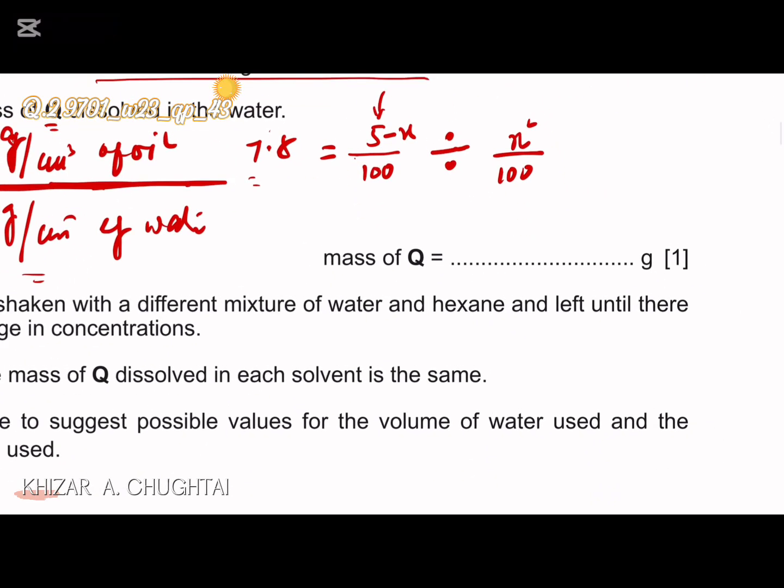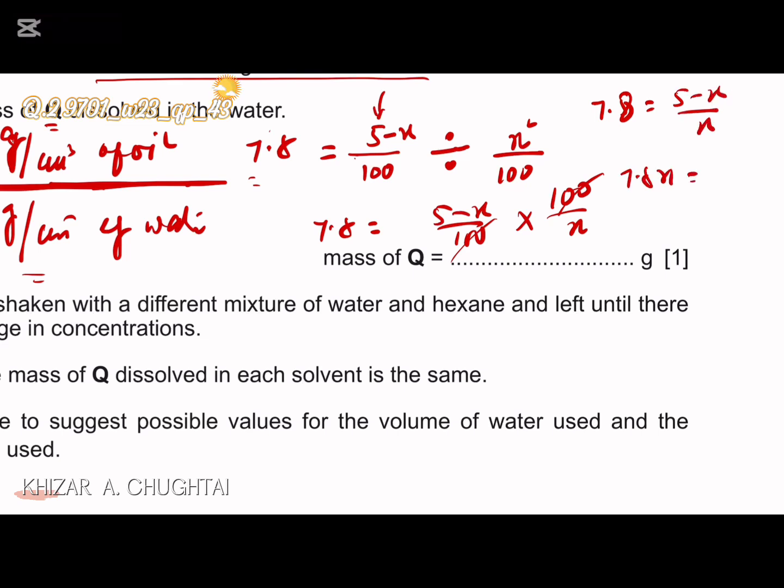So I can write it over here: 7.8 equals 5 minus X over 100 multiplied by 100 over X, so the 100s cancel out. So 7.8 is equal to 5 minus X over X. So 7.8X is equal to 5 minus X, and 7.8X plus X is equal to 5. 8.8X is equal to 5, and X is equal to 5 over 8.8.